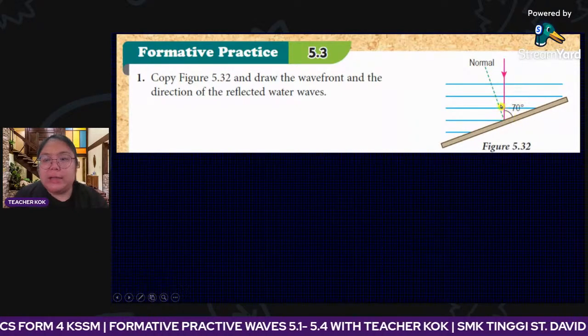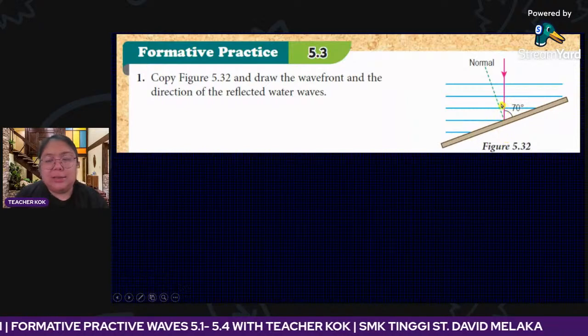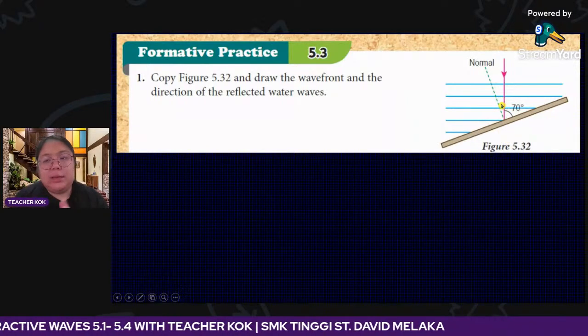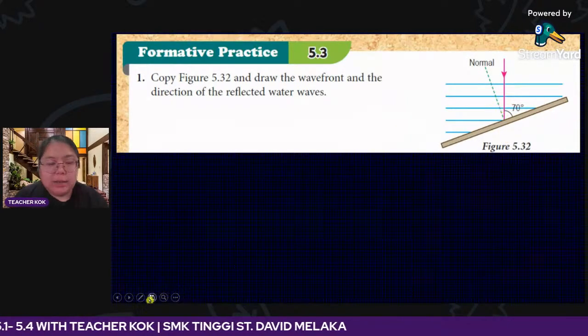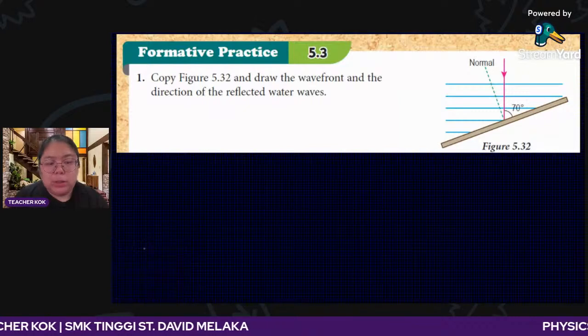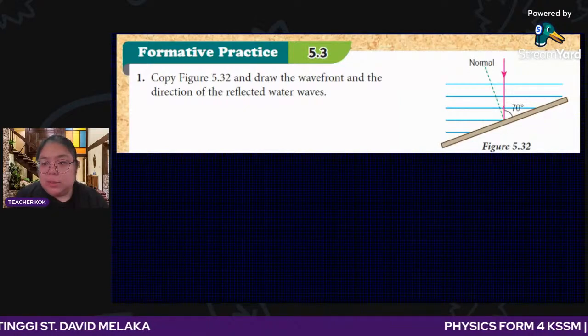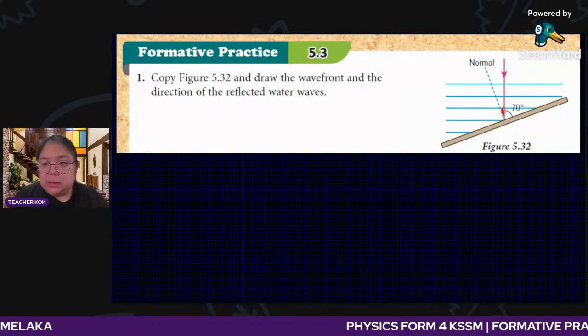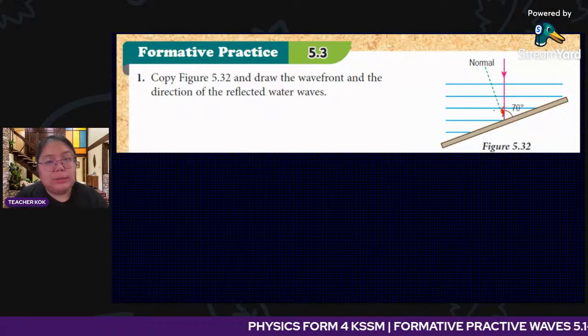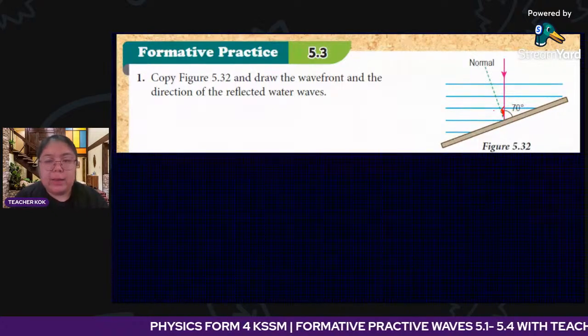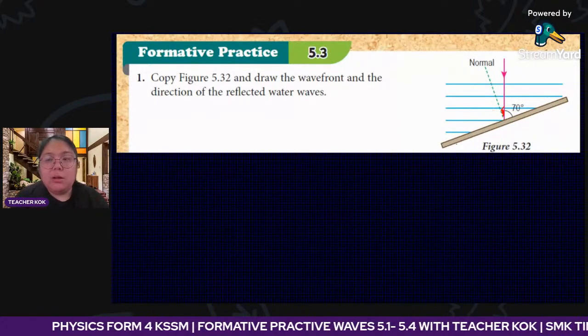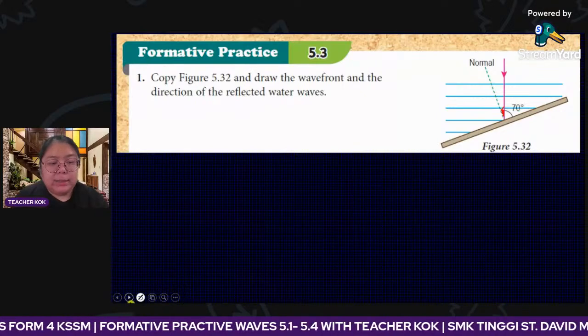So the incident angle, how many? Actually, the incident angle is 20, not 70. This one we call the incident angle. The incident angle must be between the incident wave and the normal.